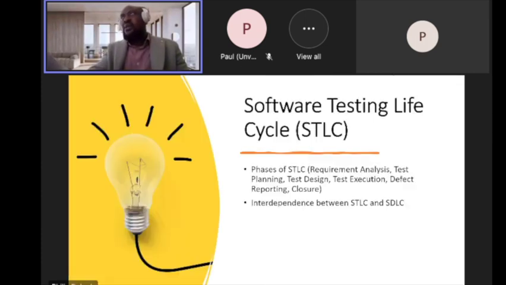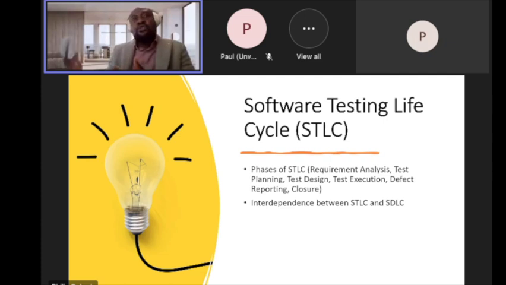One of the major things that we go through as part of this training is the software testing lifecycle. The testing team has to go through their own lifecycle as well. The testing team also has to look at what the requirement is saying, what test plan we need to put in place, what test design we need to do, what test execution we have to implement, and what defects we're finding on the application.